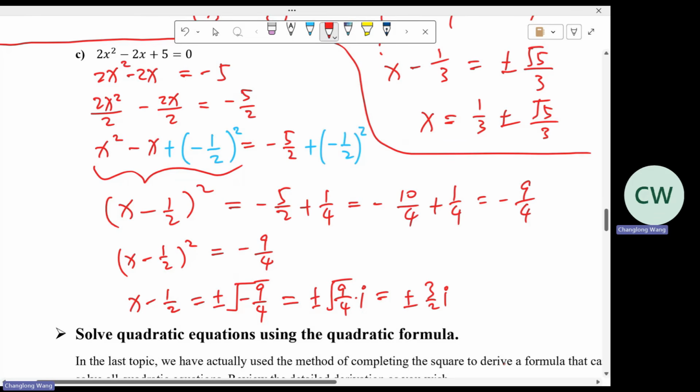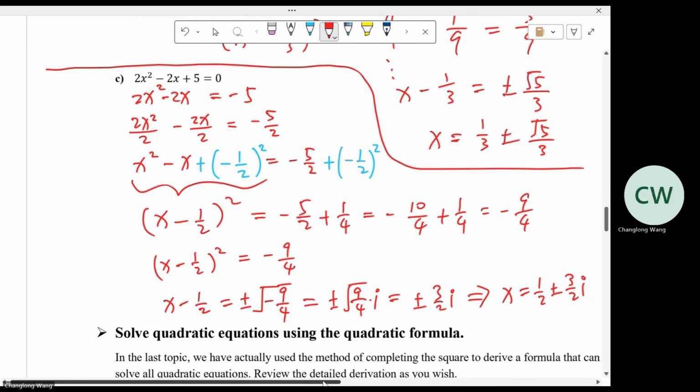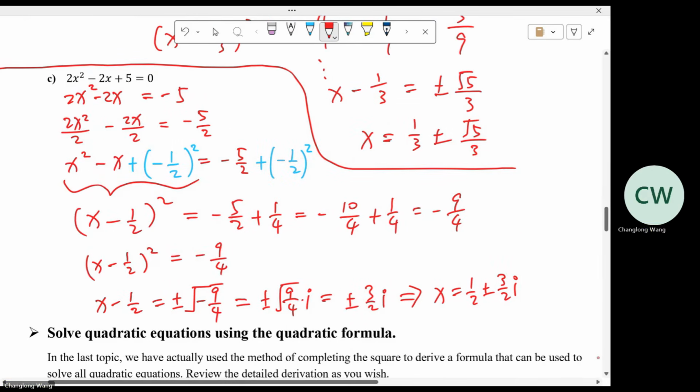If x minus 1/2 is plus or minus 3/2 i, your final answer will be 1/2 plus or minus 3/2 i. Okay, that's it for letter C.